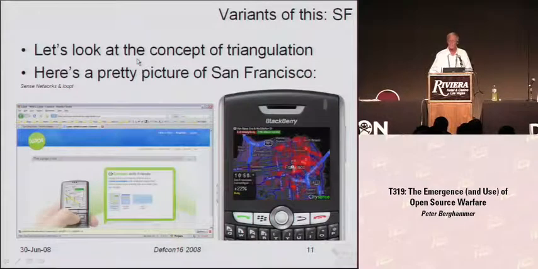Now I'm going to take a look at some basics, however you feel about Web 2.0. I want you to get a sense of a little bit of triangulation and how things are found in the Web 2.0 world in areas that we use. On the right-hand side, we're looking at something from Sense Networks, a really nice little application that helps you find the hotspots downtown in San Francisco.